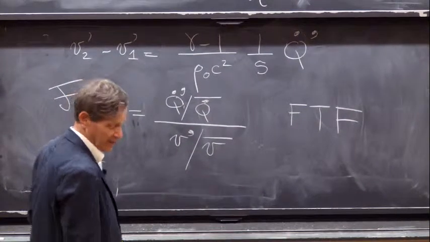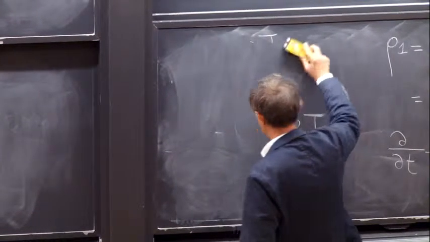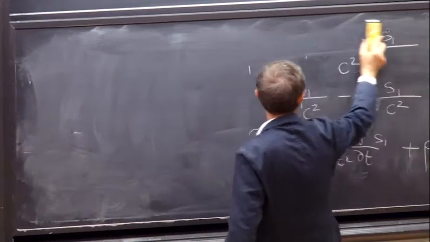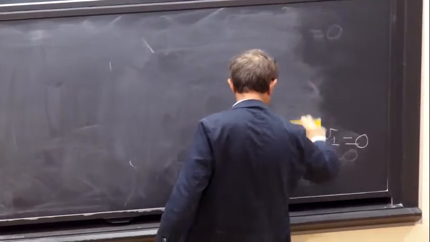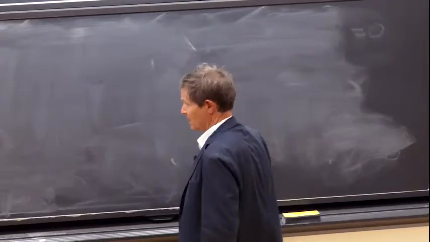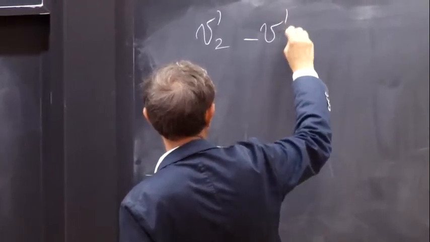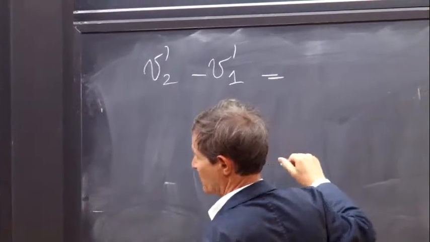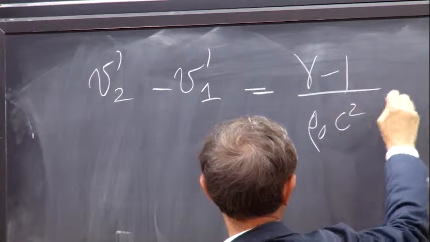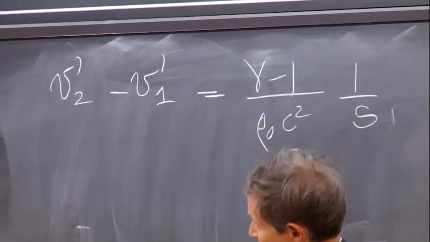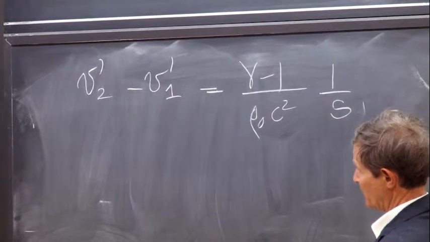And so using that expression, we can see that V prime 2 minus V prime 1 is equal to gamma minus 1 over rho 0 c square, 1 over S, and then we use this transfer function.